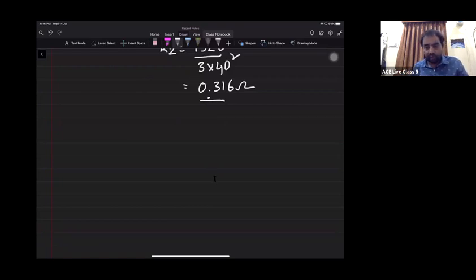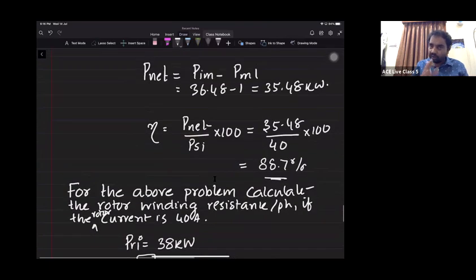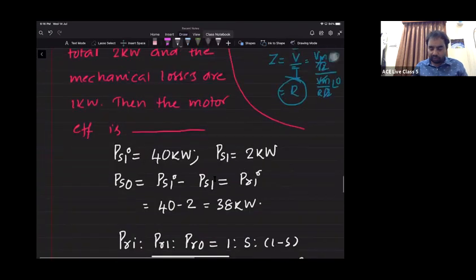Sir, don't we use the current equation for low slip? Yes, we can use it. One of the questions from an anonymous attendee is: sir, don't we use the current equation for low slip operation? Yes, you can use it. But remember, in this question E2 naught is not given. The first question is different, this question is different. The student asked whether we can use this current equation.